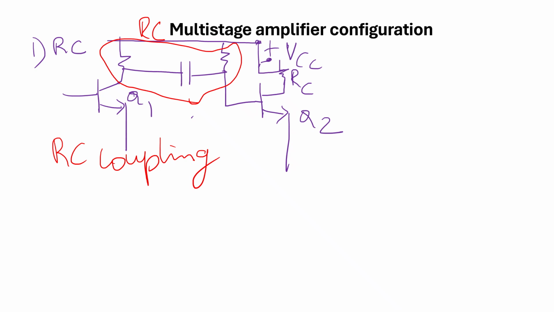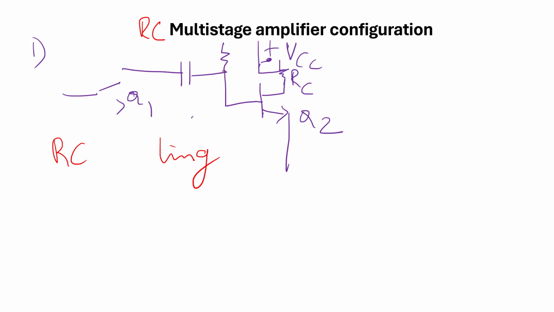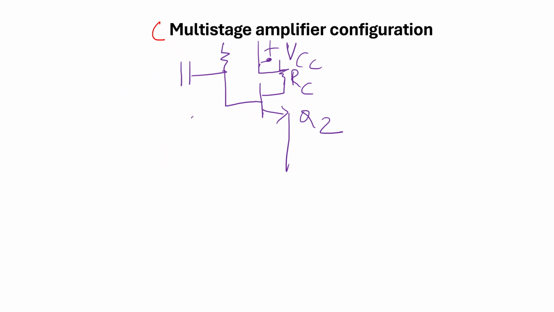In the earlier cascade connection, we had voltage divider bias connections, and we have another kind of, second type of coupling using transformers. Yes, using transformers we can couple.